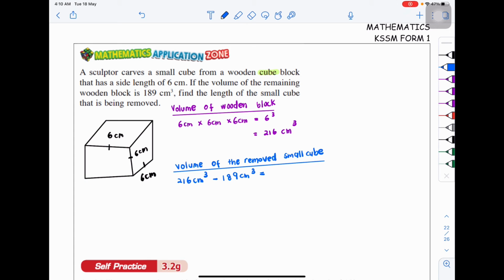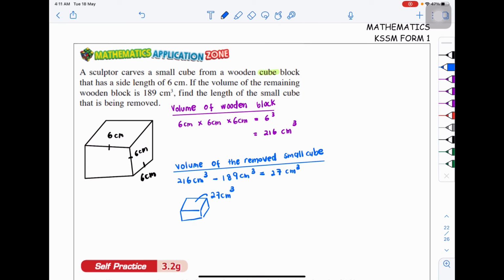So we minus those two, we have 27 centimeter cube. So this is the volume of the small cube. Let's say this is your small cube that is being removed from the big wooden block. So the volume of this small cube is 27 centimeter cube.